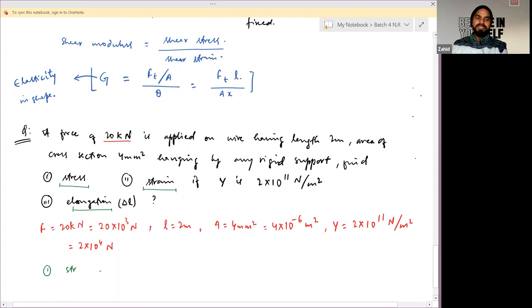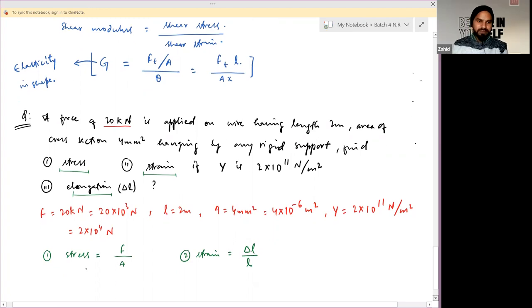Suppose if you have to find stress, it will be deforming force per unit area. For strain, we had two different formulas. First one is strain equals to delta L divided by L. But in the given question, we don't have delta L. So we can relate it from some other formula.